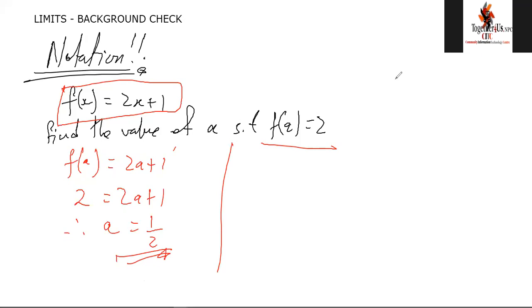Here's another one. Also, one of those things that really I've seen tricking students. Find, listen to this one, k such that f of k is equal to k minus 2.